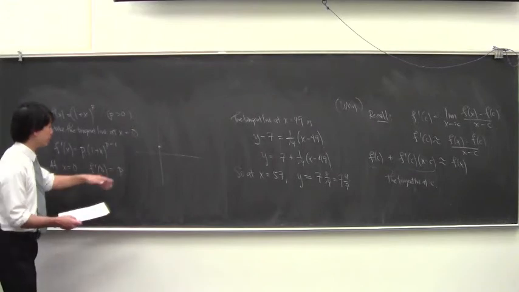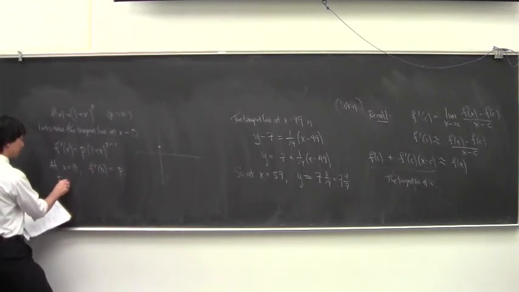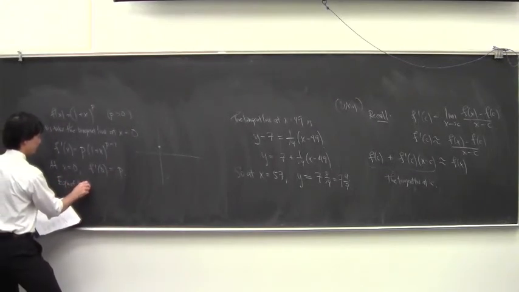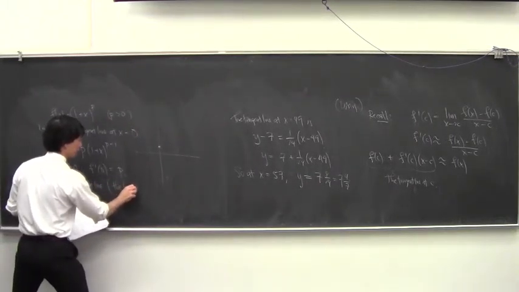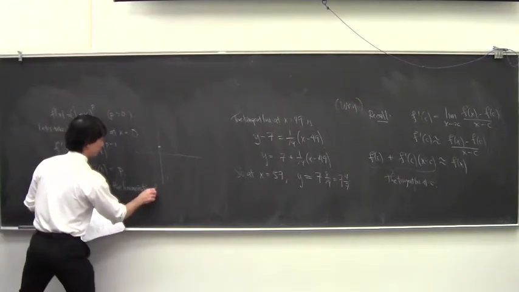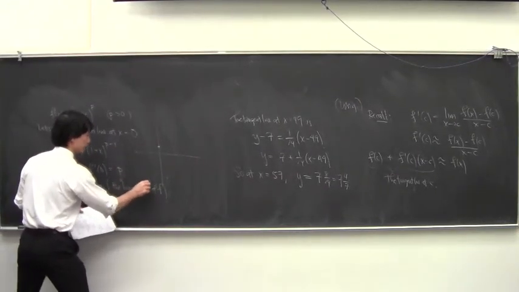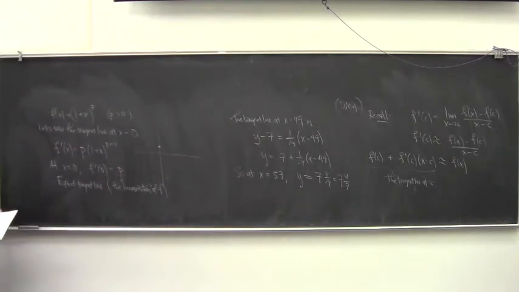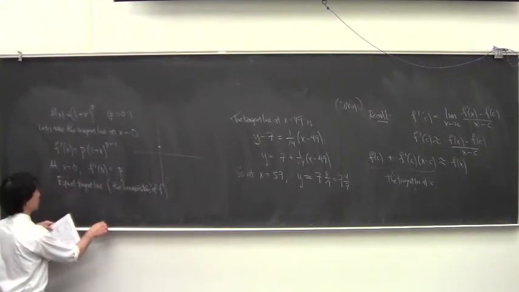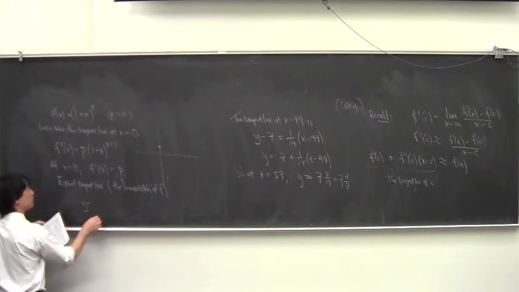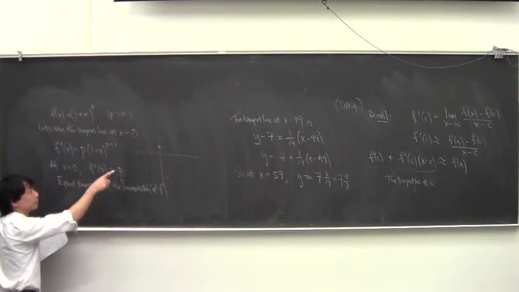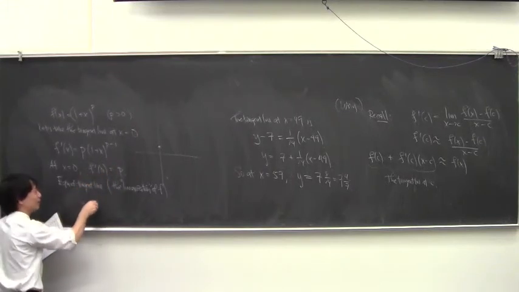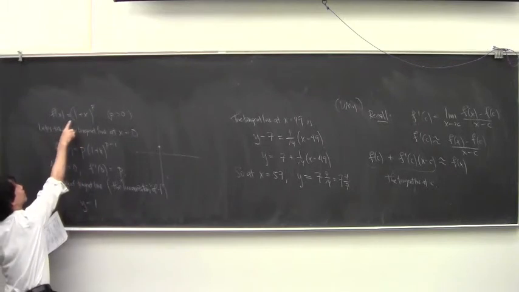So what's the equation of the tangent line, which is also called the linearization of f? Somebody tell it to me. y minus the y value, which is 1. If you put in x equals 0, f is going to be 1.